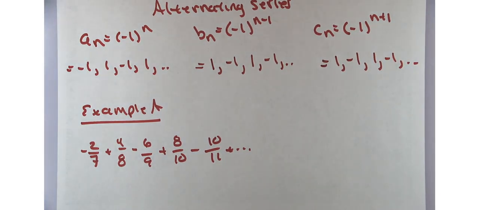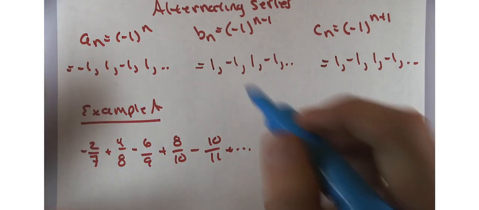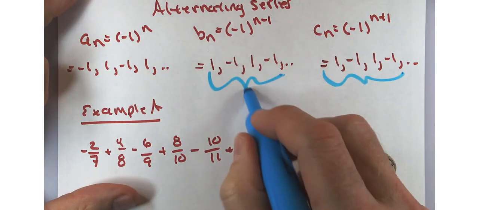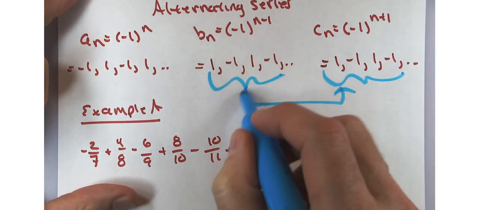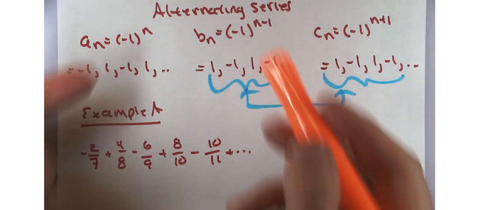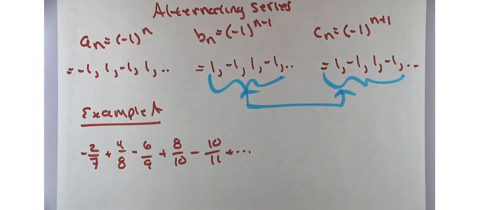Well, the answer I was hoping for was that these two are the same. So it doesn't matter which of these you use in the exponents. And there are other expressions you can use to make your series alternate, but you really only need two of these. Pick your two favorites and make your series alternate.